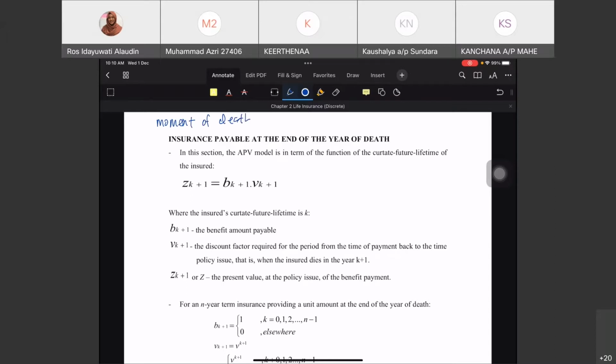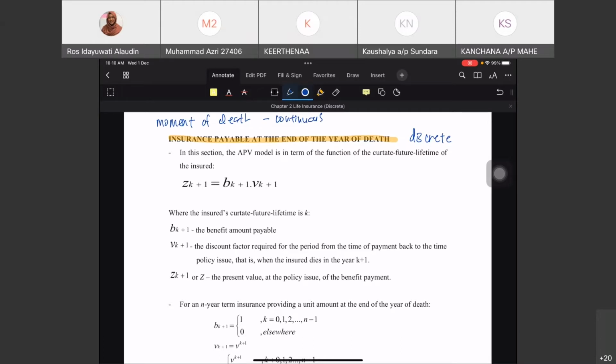So that is the continuous case, and for the continuous case that we already learned before, we have to use the integration. However, if the insurance is payable at the end of the year of death, it is the discrete case.